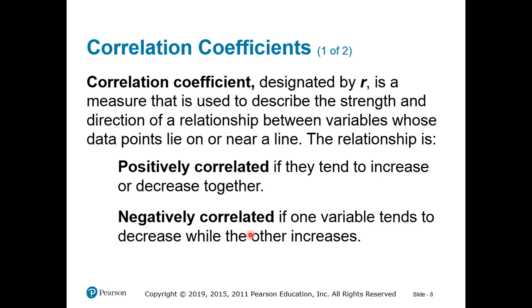Now if we see a linear pattern in a scatter plot, the next logical step is to calculate a number to represent that relationship, that correlation, quantitatively. The correlation coefficient, which we designate as r, is a measure of how strong the relationship is and its direction.